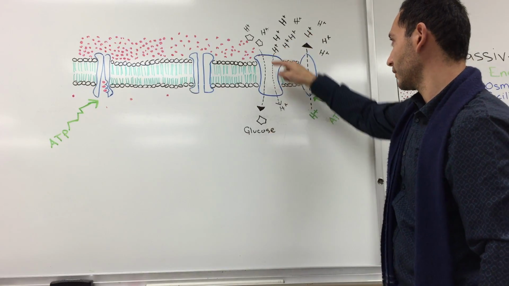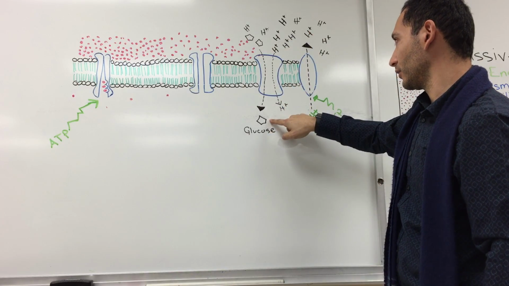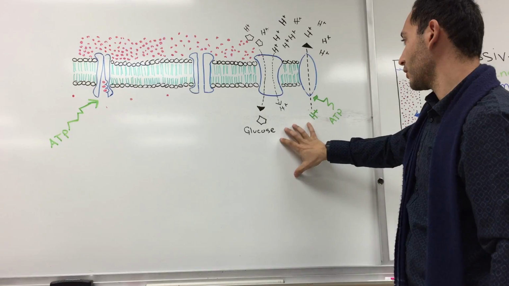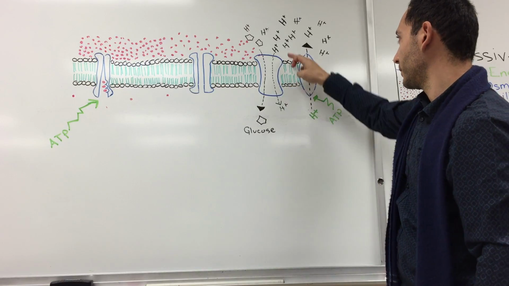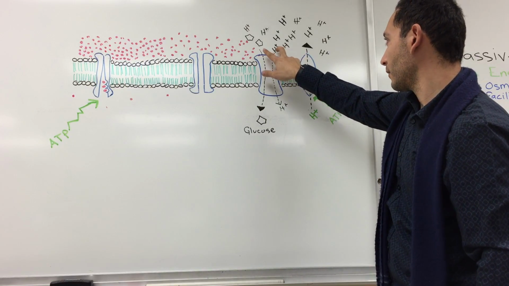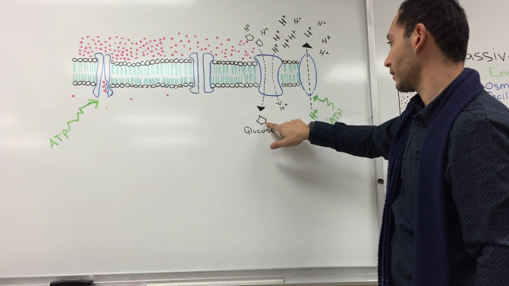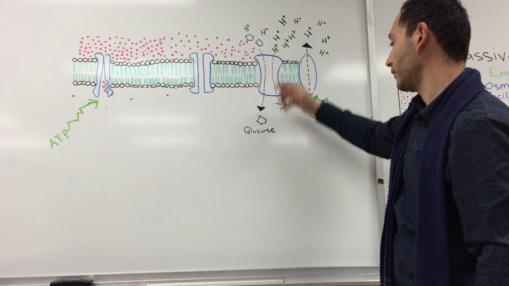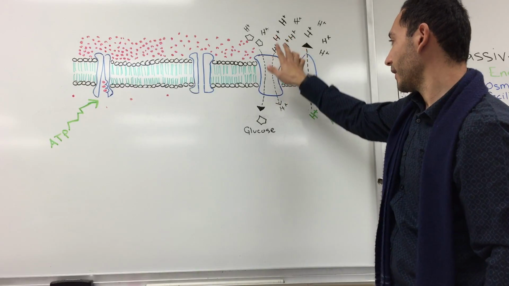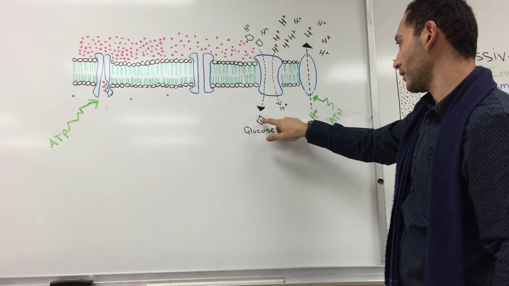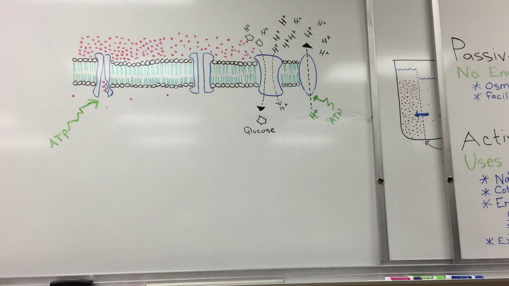How do you do that? Sugar is a pretty large molecule. How do you do that? You use co-transport, because those protons can now bind with the particular molecule that's trying to get in, and allows the movement of those larger molecules that wouldn't normally get in.